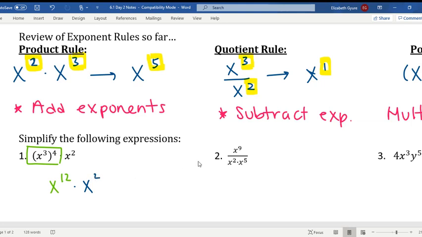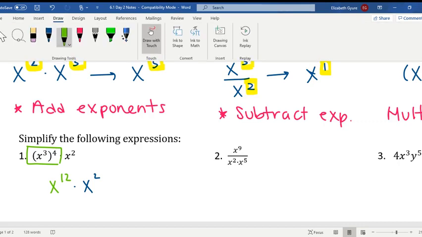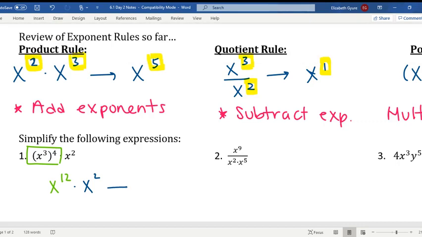So if I want to add my exponents, Dallas, how do you think I would simplify this if I just need to add my exponents? No, well, I just told you, you just need to add your exponents.